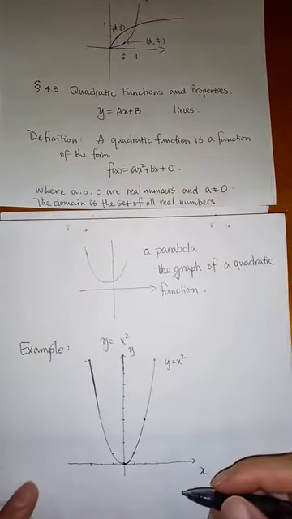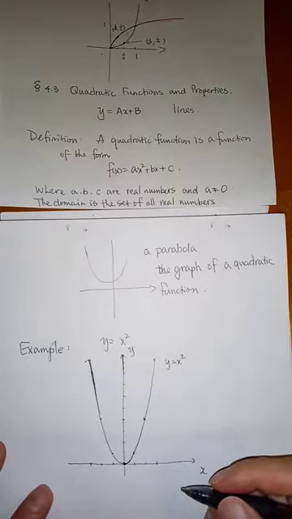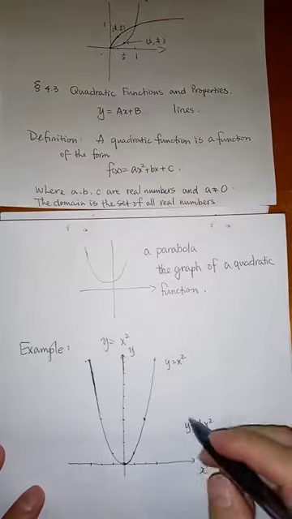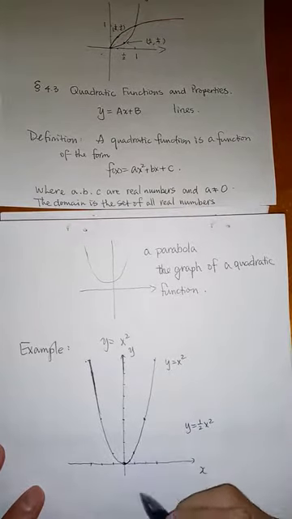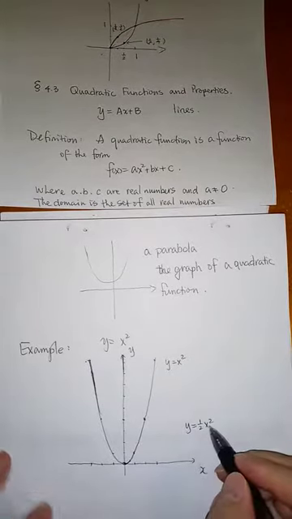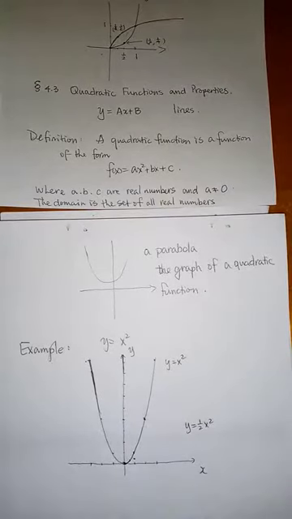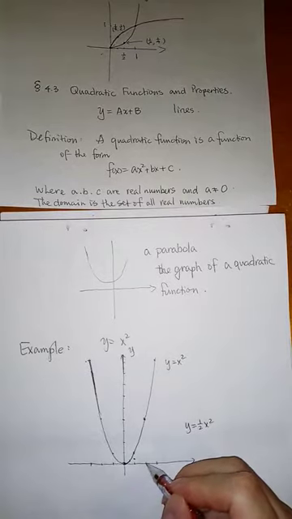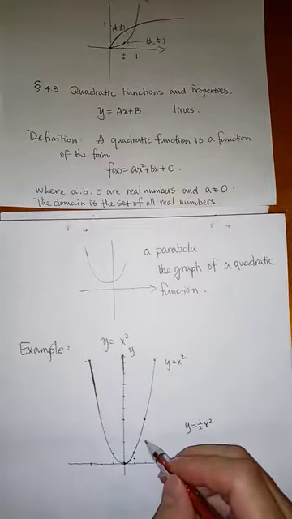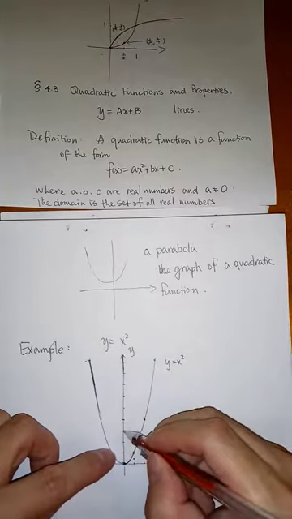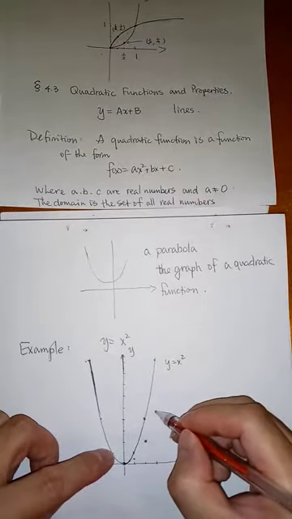If we want to sketch the graph y equal to 1/2 x squared, what is it? So when x is 0, y is 0. When x is 1, 1 squared is 1 times 1/2 is 1/2. It's here. When x is 2, 2 squared is 4 times 1/2 is 2. When x is 3, 3 squared is 9, 9 times 1/2 is 4.5. 4.5 is here.